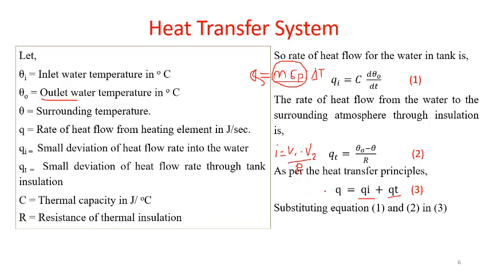So this Q is equal to V into I, voltage into current. So one parameter we are controlling is the current or the voltage, and on the other side, the temperature parameter.